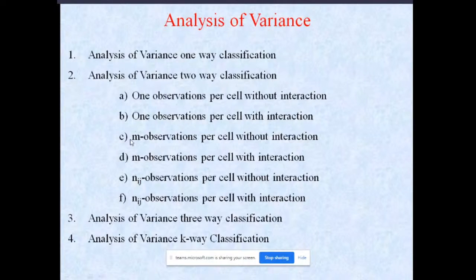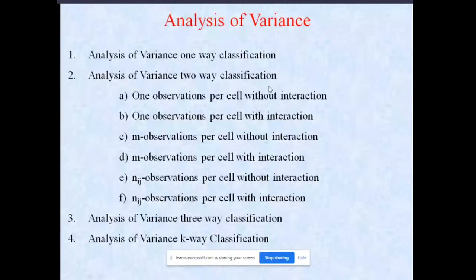M observations means equal number of observations per cell or unequal number of observations per cell. So these are all the different possibilities. And maybe some three-way classification or four-way classification, and you can generalize to some k-way classification. Okay, so these are all the simple univariate analysis of variance techniques that are available. You can adopt these techniques for different types of designs.